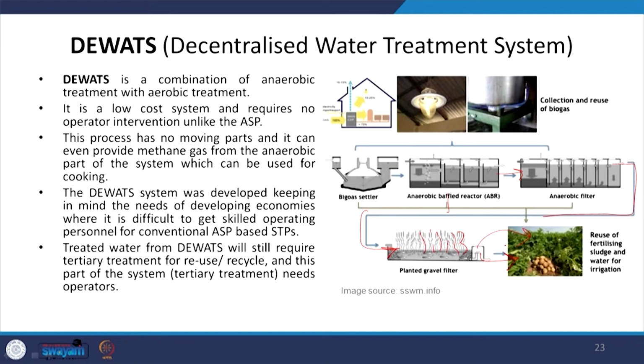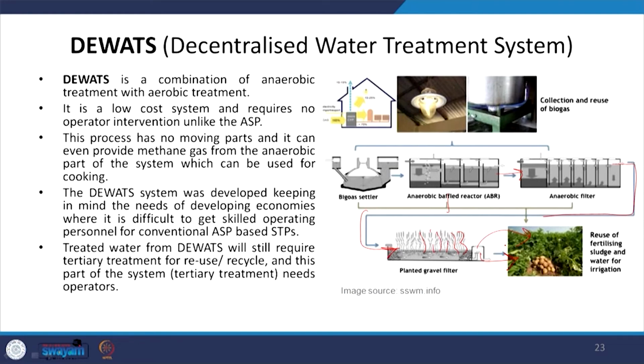Now, in this one it is decentralized. So, it is broken into different parts, it is not in a centralized manner. The advantage of this is that, one, a centralized management and monitoring of the wastewater treatment system is not required.